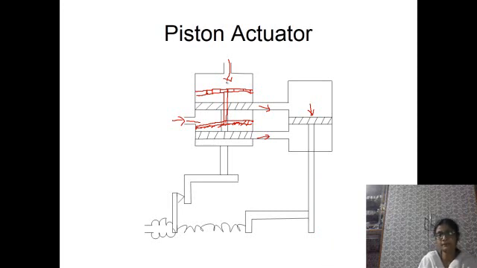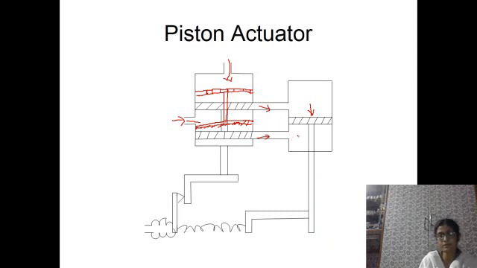And if the pressure decreases, then it will move in the upward direction, and never will both these paths get closed. So when it goes upward, the lower portion will be opened.